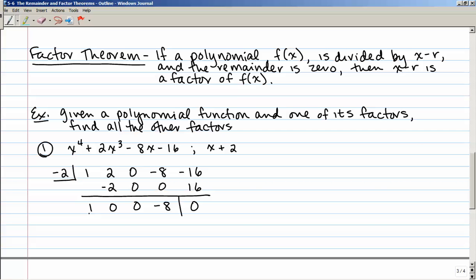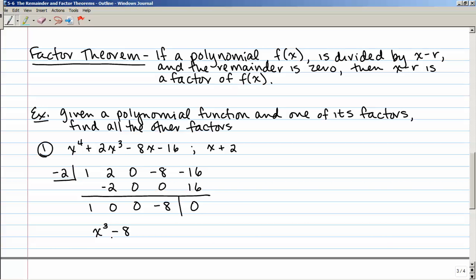So what that means is that this polynomial right here is actually a factor of our original polynomial. Remember, since we started with an x to the 4th, this is going to be the coefficient of x cubed, which is 1. This is the coefficient of x squared. This is the coefficient of x, and that's my constant.